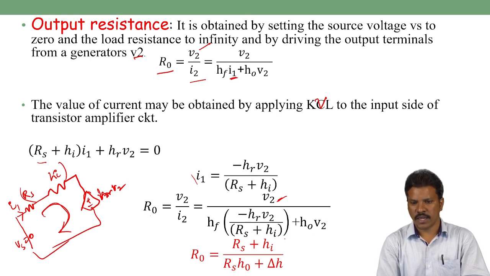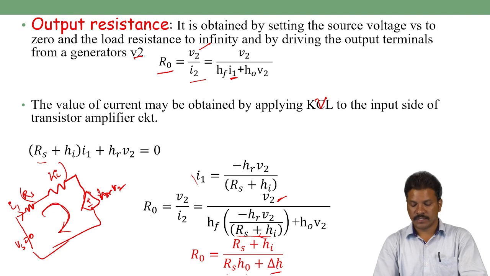When we take the LCM, Rs plus hi goes to the numerator. So Rs plus hi, and then in the denominator we get Rs ho plus delta h.